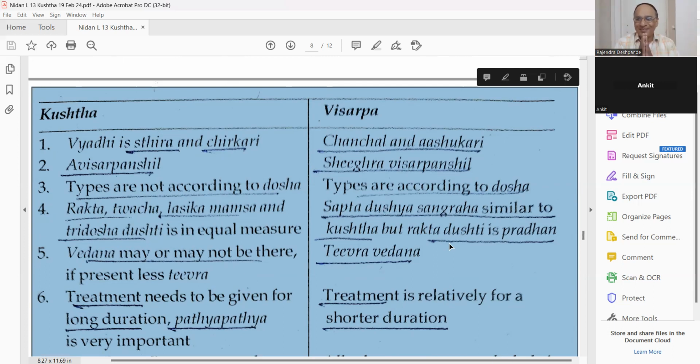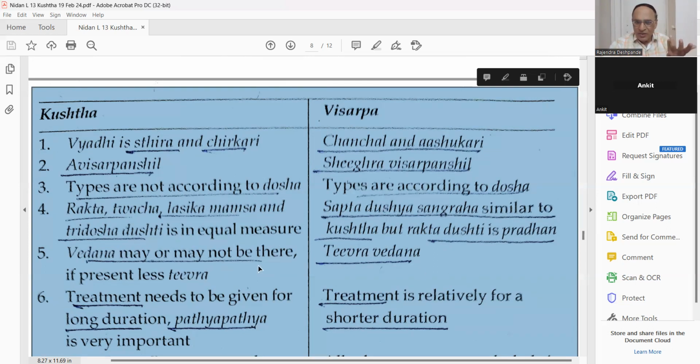Are you getting the point? Here, equal weightage: Rakta, Tvacha, Lasika, Maus, Tridosh, equal. But here, everything is there, but Rakta is most. Because it is mainly Pitta and Rakta Dushti, Visarpa.